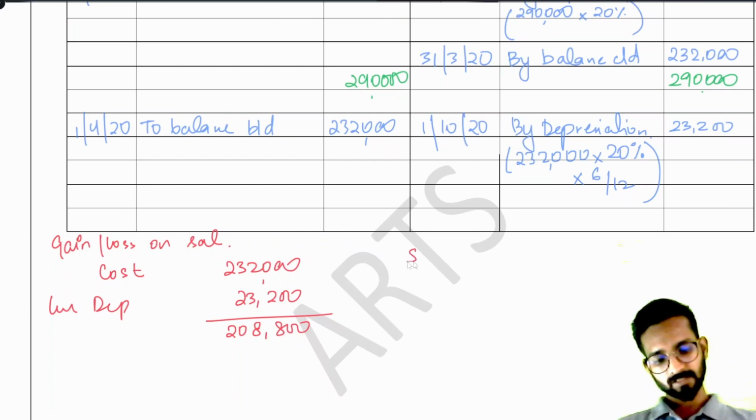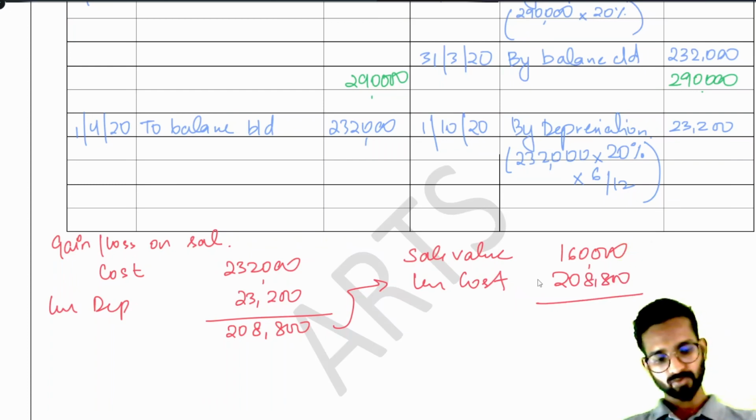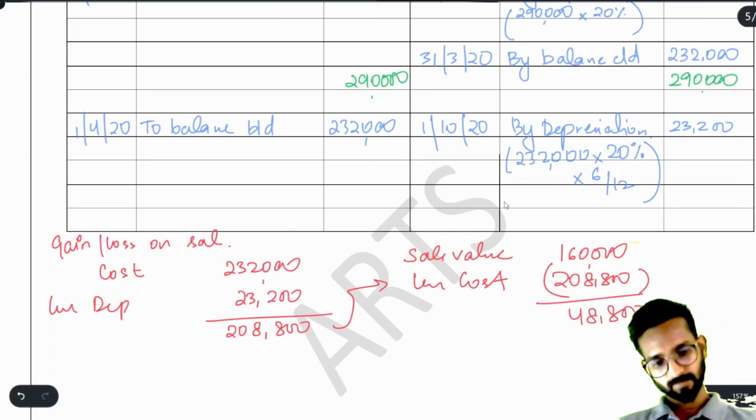Then sale value is 1,60,000. Less cost 2,08,800, so the loss is 48,800.